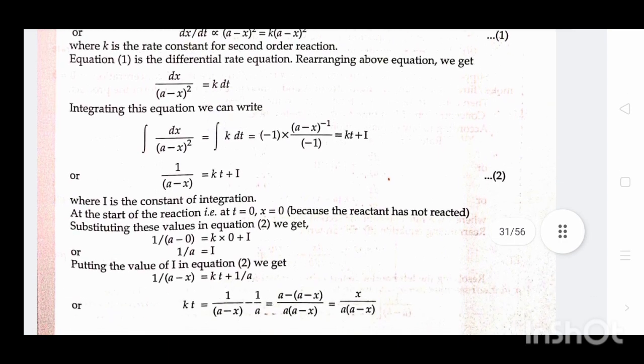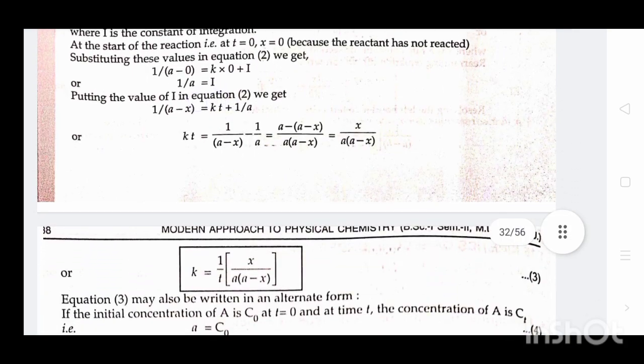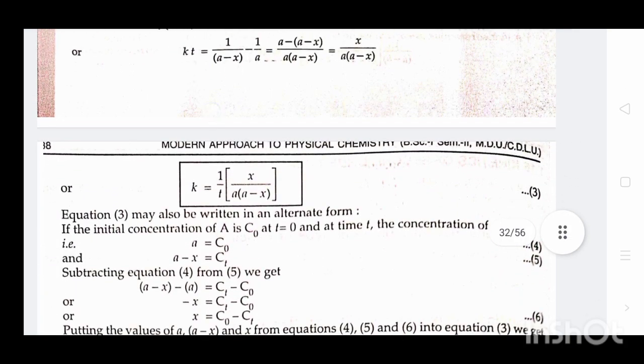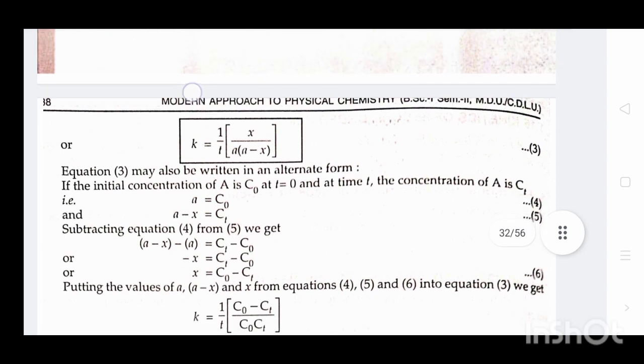Integrating both sides, we get 1 by (a minus x) equals kt plus I, where I is the constant of integration. At the start of the reaction, t equals 0 and x equals 0 because the reactant has not reacted. Substituting these values in equation 2, we get 1 by a equals I. Putting the value of I in equation 2, we get k equals 1 by t times x divided by a into (a minus x).